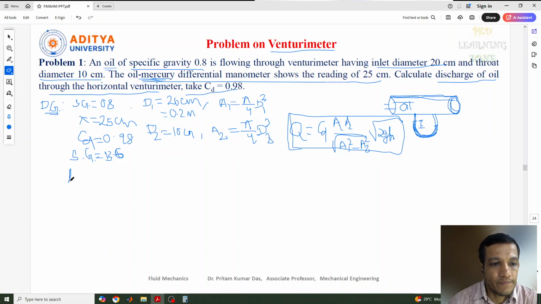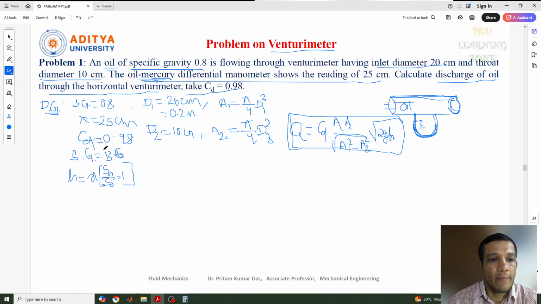H equal to x into SH by SO minus 1. Here SH is the specific gravity of the heavy liquid, and SO is the specific gravity of the oil, or you can write SL, light liquid.